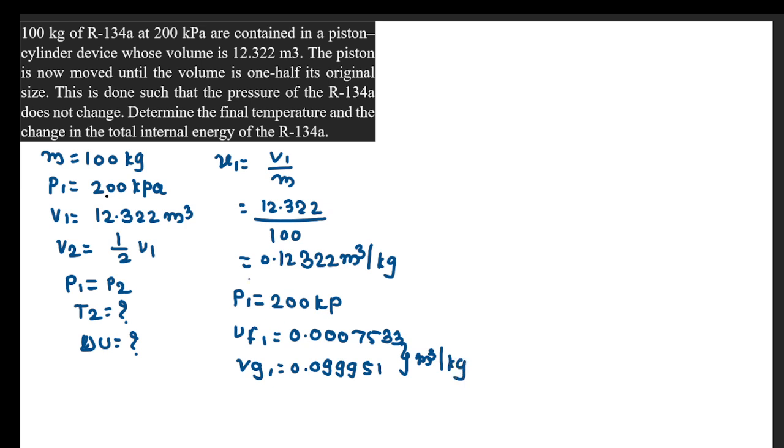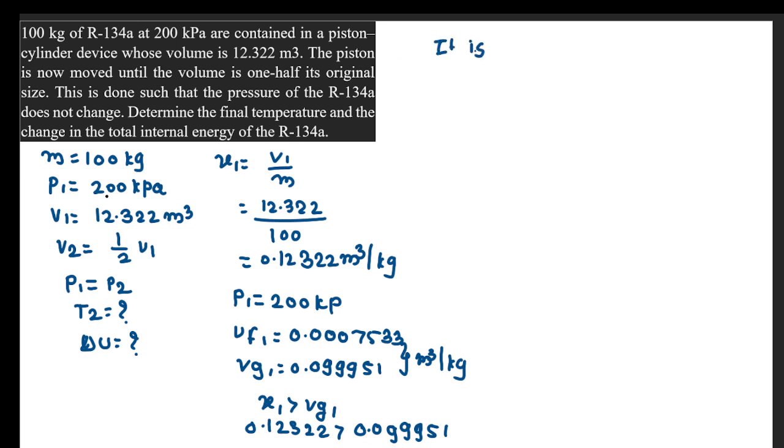Now you can see that v1 is greater than vg1. So 0.12322 is greater than 0.09951. So we can say that it is superheated.